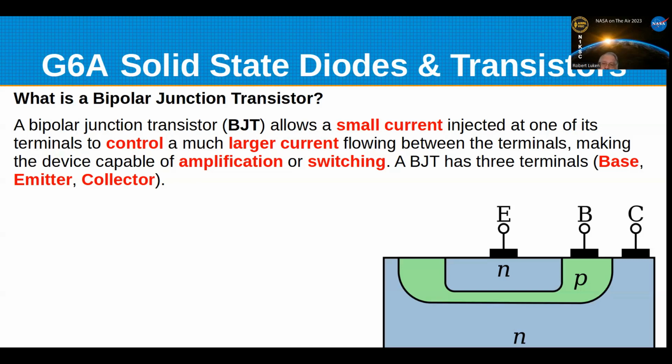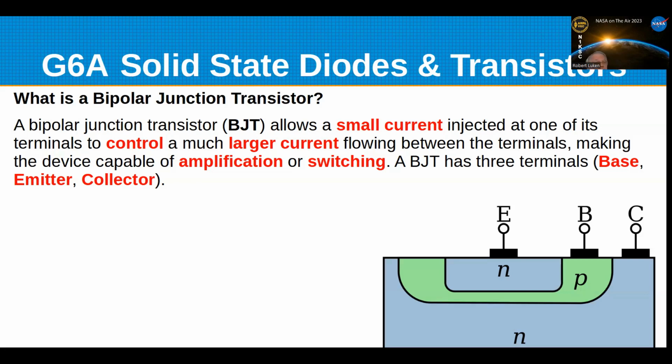So you have a base emitter junction on top, which is P material inserted in there, and it's going to control the current between the collector and emitter, which happens to be 2 N-type materials. So a very small, typically microamp, current is enough to control milliamps or more through the collector emitter.